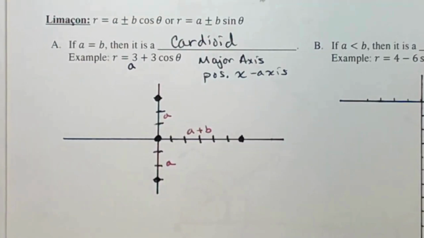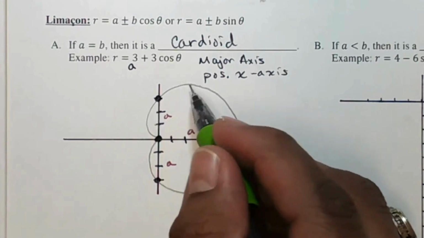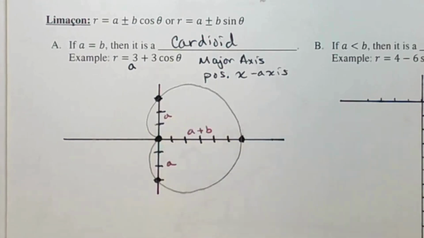And you have to be very careful when you graph these. These are kind of elliptical, so make sure that you're drawing them circular. So this is what your cardioid looks like. Don't make it look like a heart where it kind of comes to a point. It should be elliptical. It should be curved. So make sure that you're giving yourself that wide area there.